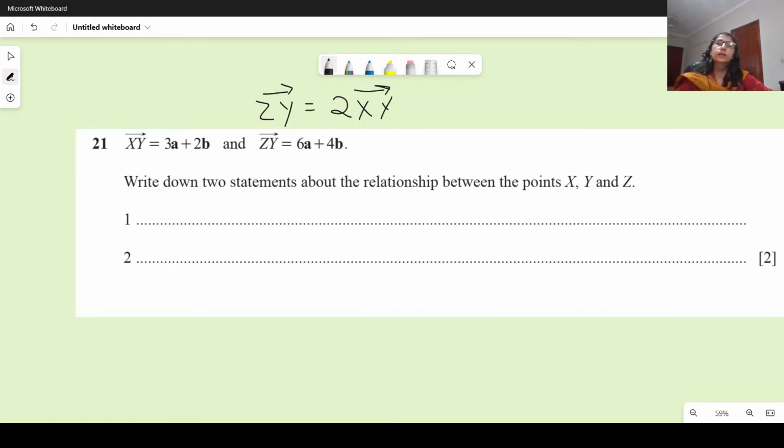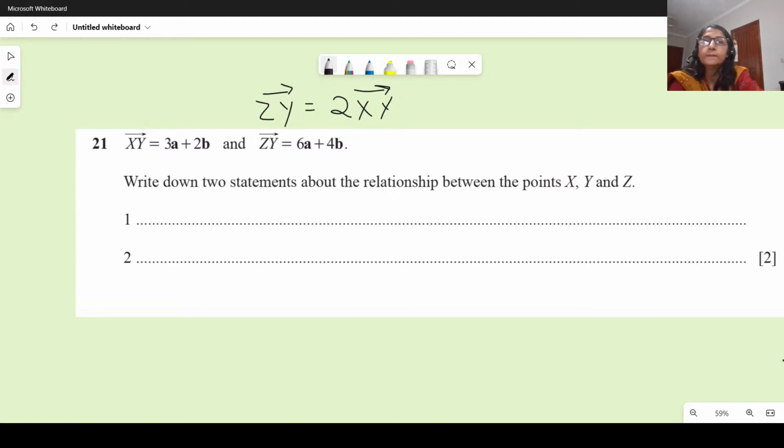If two vectors are multiples of each other, then they're either parallel or collinear. Collinear meaning that the points x, y, and z would lie on a straight line. In this case, they're collinear and not parallel because they share a common point. If two vectors share a common point, then obviously they cannot be parallel vectors.